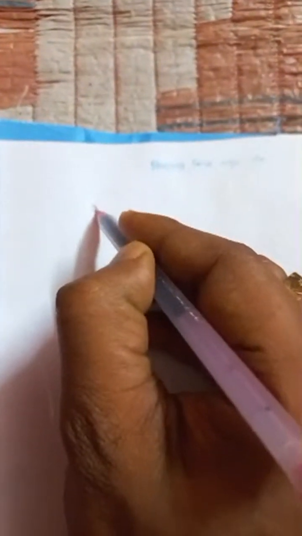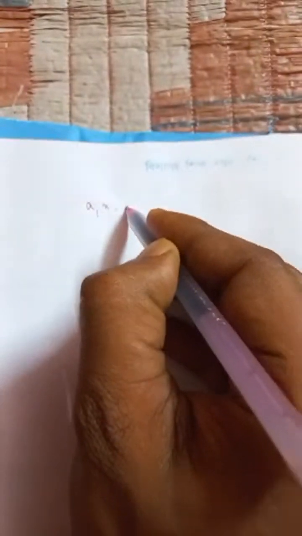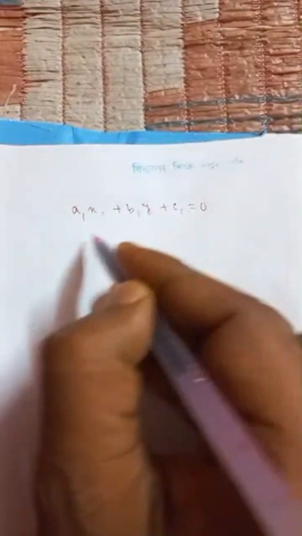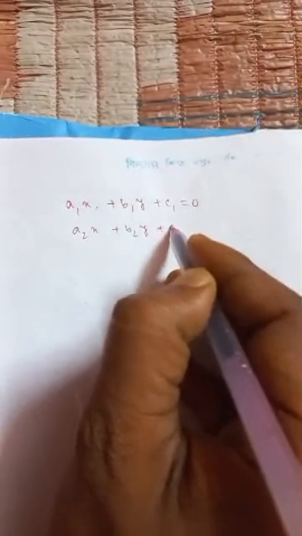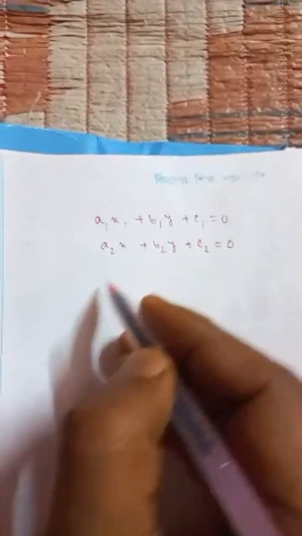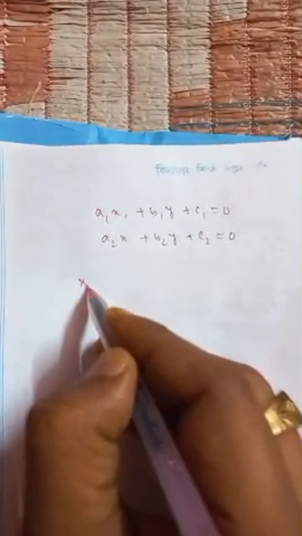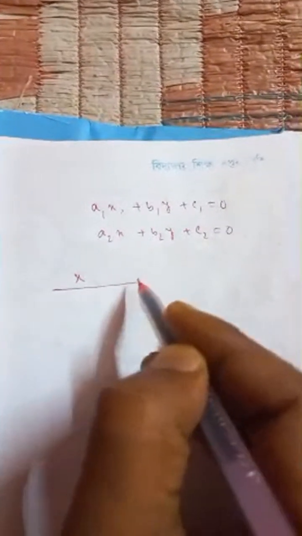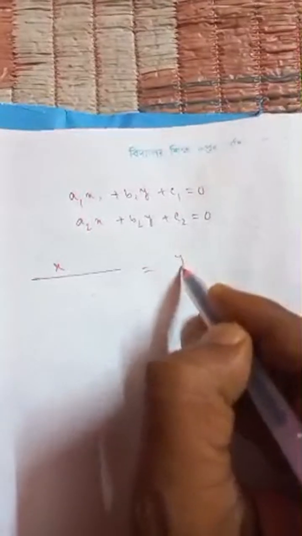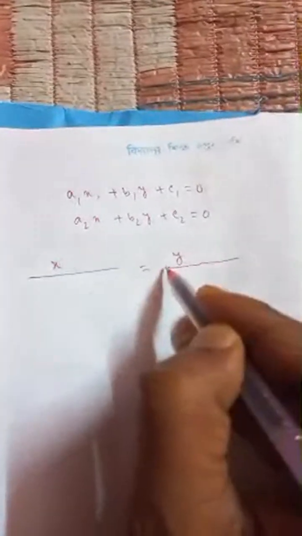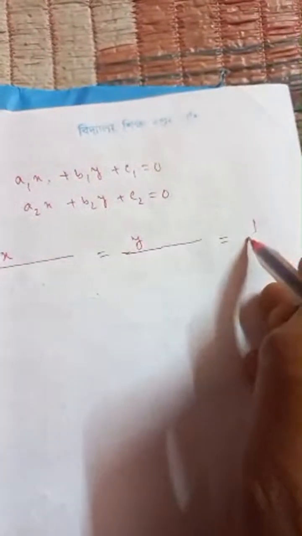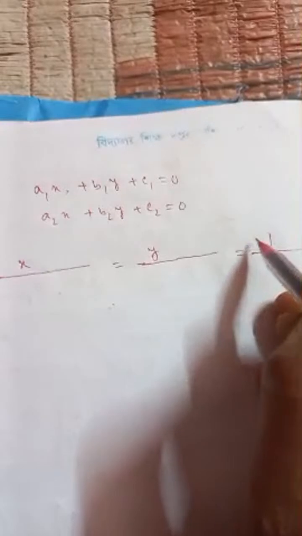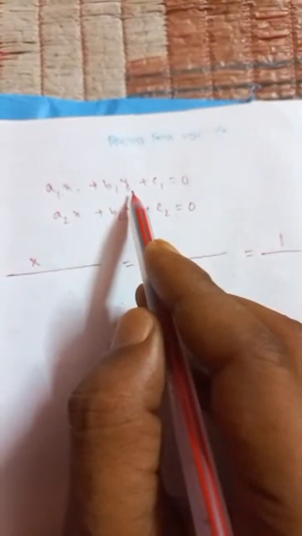If we take these two equations, a1x plus b1y plus c1 equal to 0, a2x plus b2y plus c2 equal to 0, cross multiplication is that we take x, then y, and for the next variable we take 1, because there are just two variables.